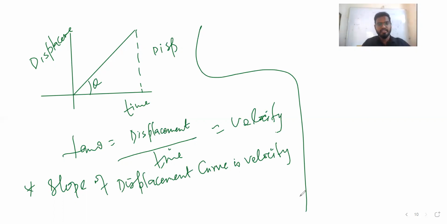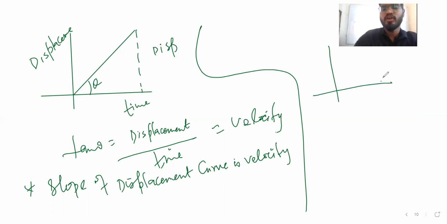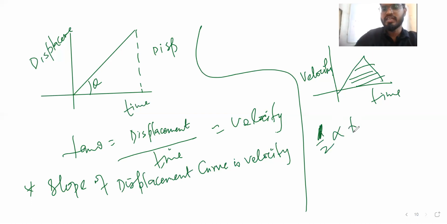Got it? So in this way you can easily say the slope of the displacement time curve will give you velocity. Let's see another thing. What here? Velocity time, area under. So again half base into height, right? Base is what here? Time into what? Velocity. It is going to give you what? Displacement.